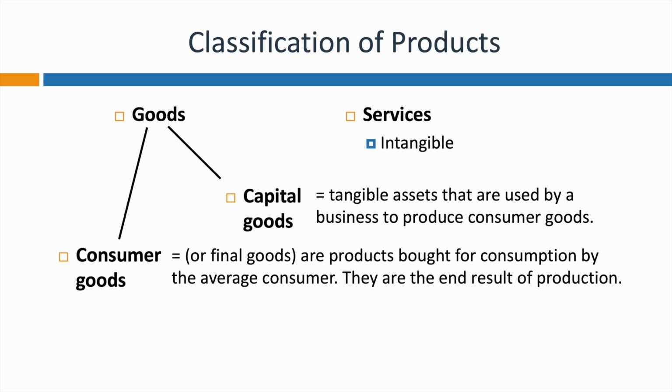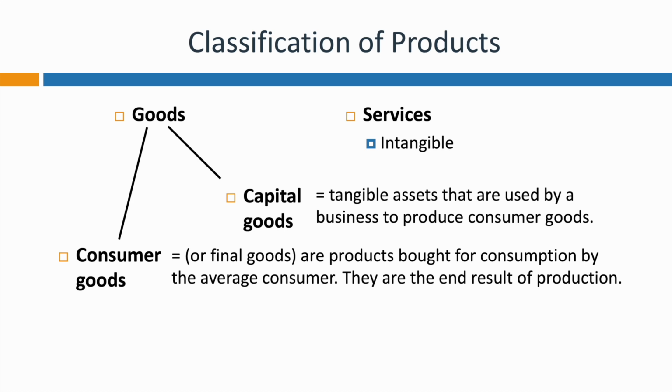Capital goods are often big machines, big goods, tangible assets. They often might serve as assets, for example, for a business. If a business buys a capital good, it's going to be its asset. So these are tangible assets that are used in order to produce other goods, most often other consumer goods. Capital goods can also be used to produce other capital goods. But the idea is that capital goods are sort of like tools.